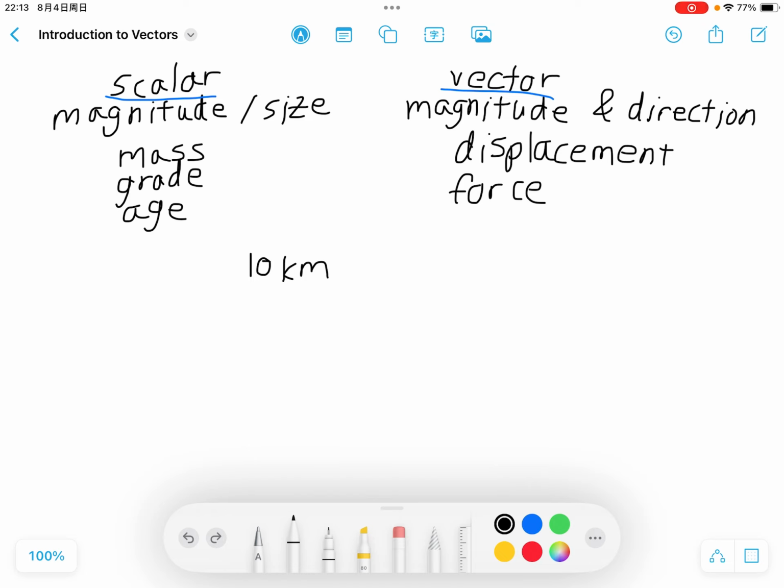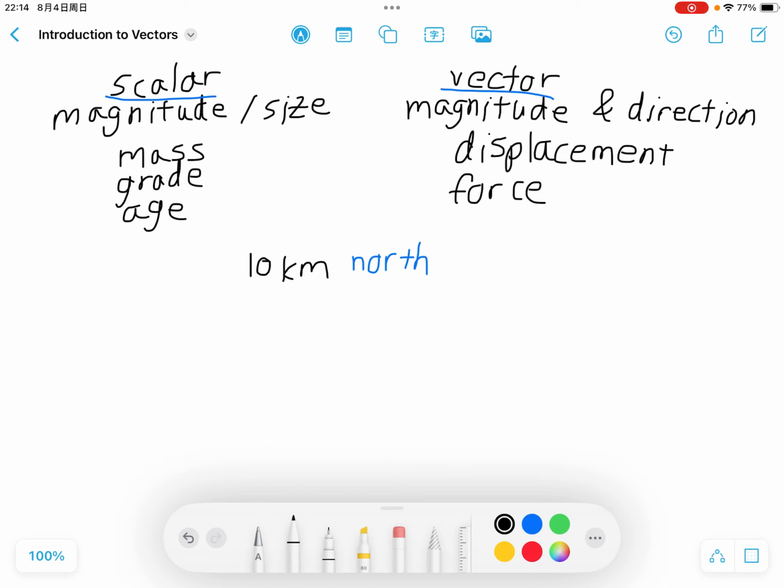You wouldn't exactly know. You'd have a wide range to guess from. Or if I told you a vector quantity, let's say 10 kilometers to the north, then you know exactly where I ended up. So 10 kilometers to the north is a vector because it has a magnitude, which is 10 km, and also a direction, which is to the north. Okay, so that's the difference between scalar and vector.